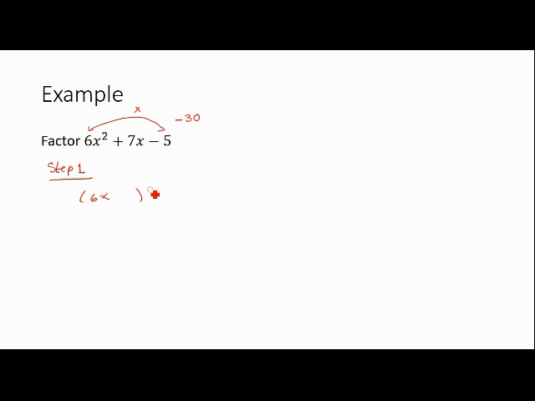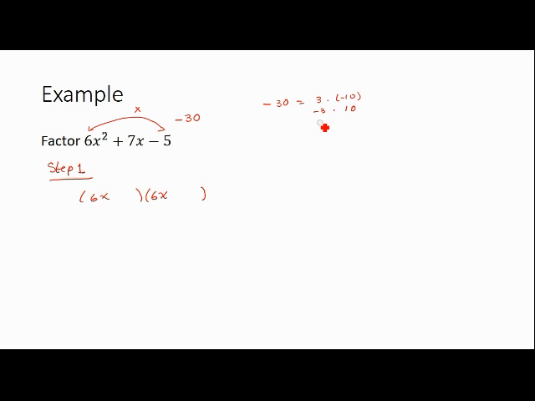We're going to write 6x and 6x, and we need to find two numbers whose multiplication is -30 and whose sum is 7. So how can we write -30? It could be 3 times -10, or -3 times 10.